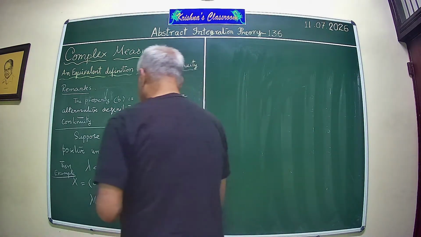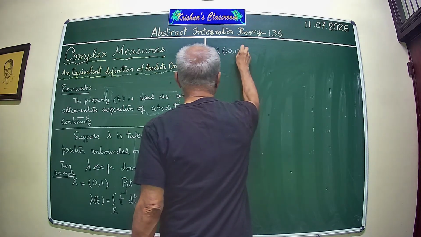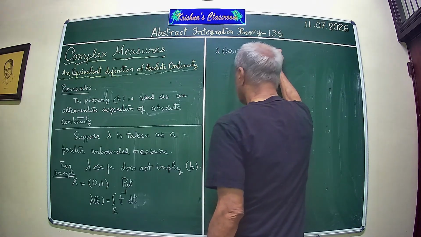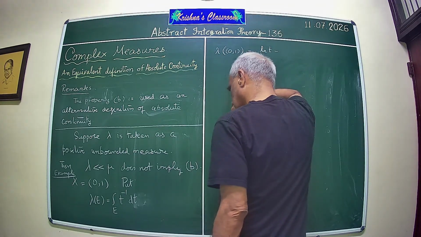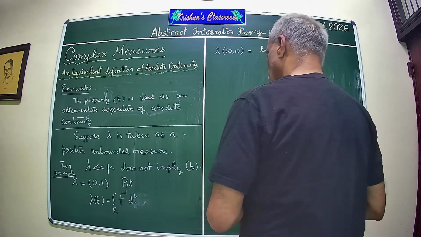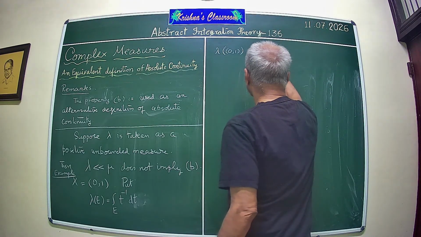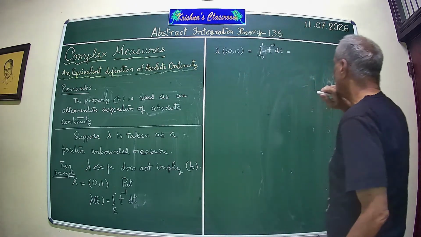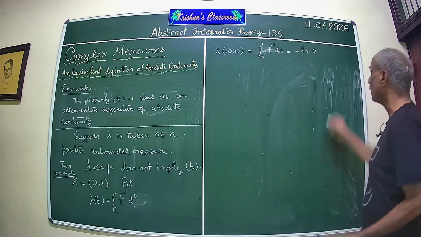Then you can easily see that lambda of (0, 1) is equal to ln t minus ln 0.